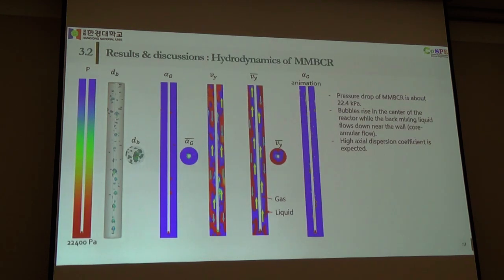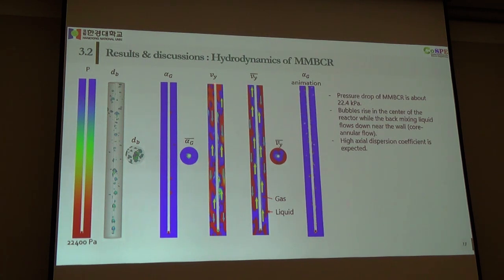Let's move into the hydrodynamics of the reactor. We can see that the pressure drop of this reactor is around 22.4 kPa, and most of the bubbles are concentrated near the injection tube.